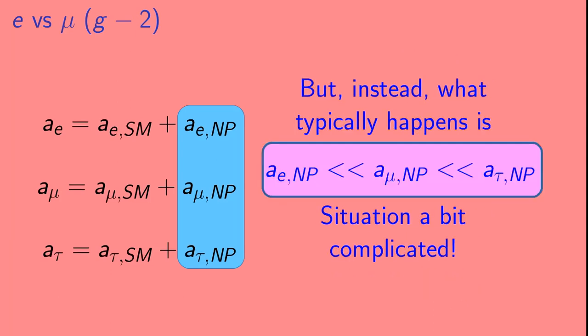But instead, what typically happens in new physics scenarios is that the new physics contribution to A E is much smaller than the new physics contribution to A mu, and the new physics contribution to A mu in turn is much smaller than the new physics contribution to A tau. So the situation is a bit complicated.